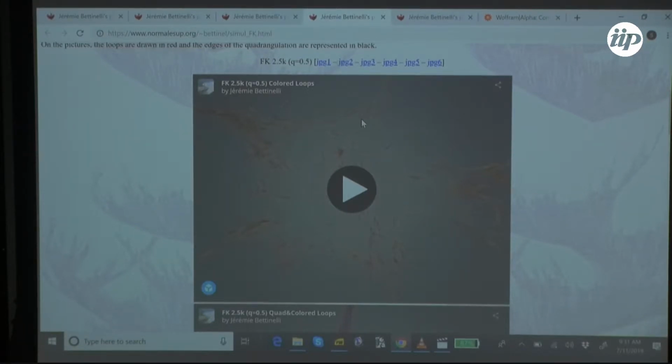As you tune it, the surfaces become more fractal or less fractal, more tree-like or less tree-like. The determinant of the Laplacian is the number of spanning trees of a graph. And graphs with very few spanning trees are just trees themselves. A tree has only one spanning tree. So if I weight by something that makes me have a small number of spanning trees, that makes the thing more tree-like.